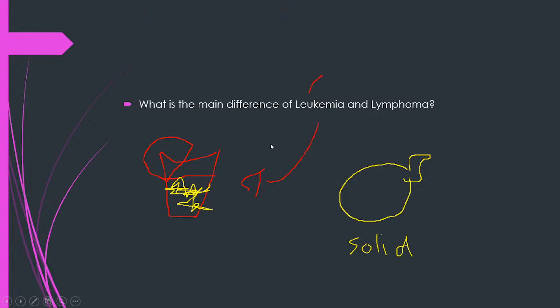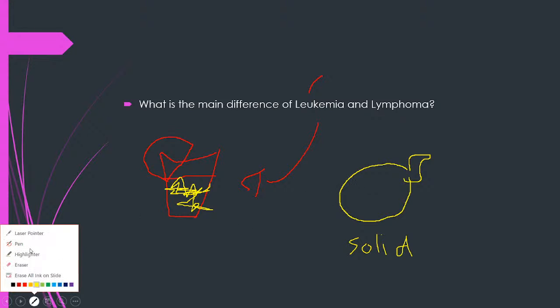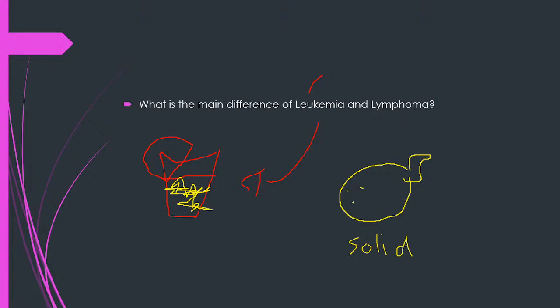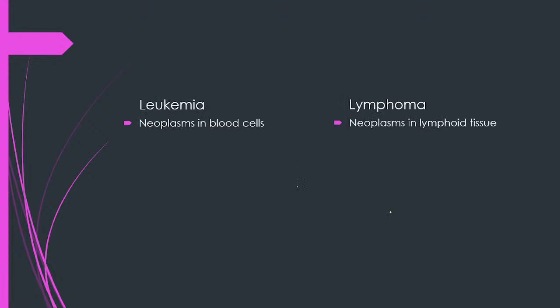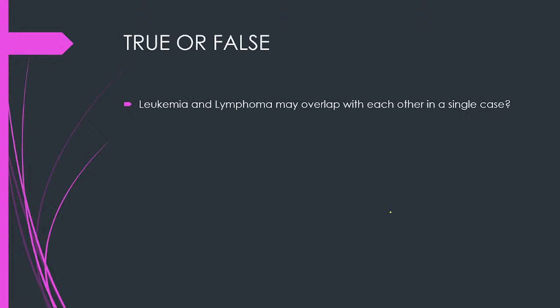Leukemia is the liquid portion, hence my drawing, the lemonade, and lemon is the solid form, which is lymphoma. Lymphoma is a neoplasm in the lymphoid tissue, and leukemia is neoplasms in the blood cells or the bone marrow stem cells.